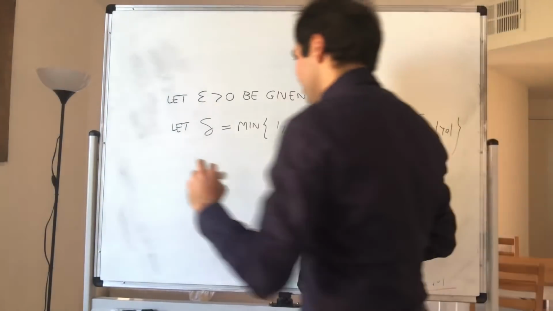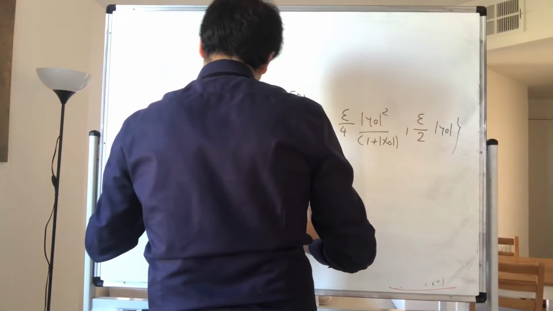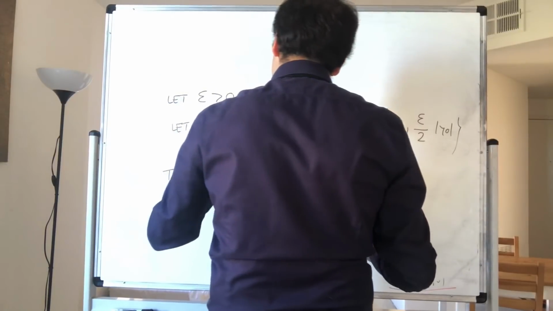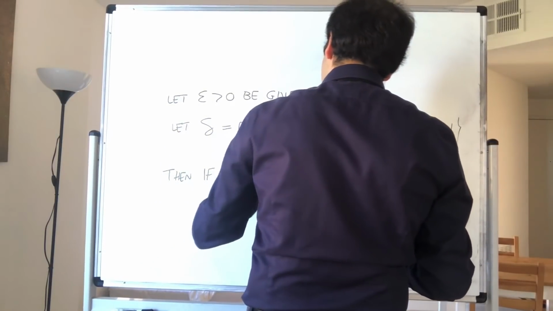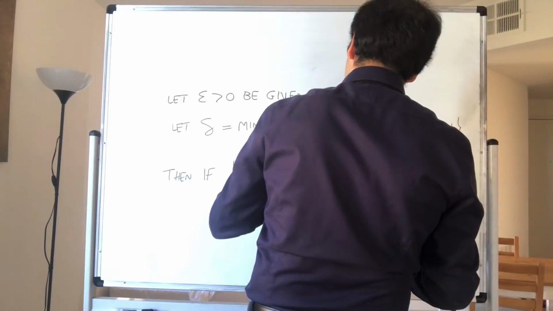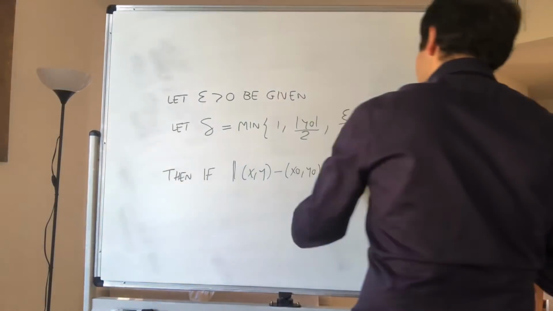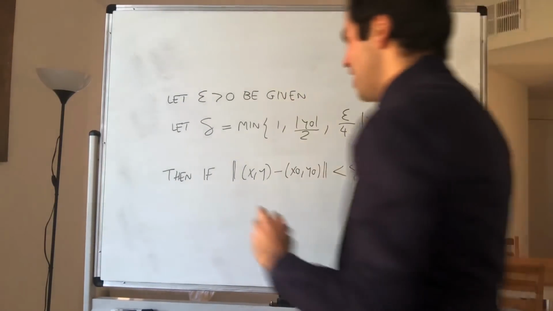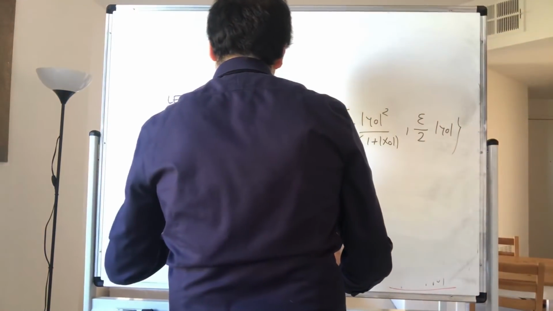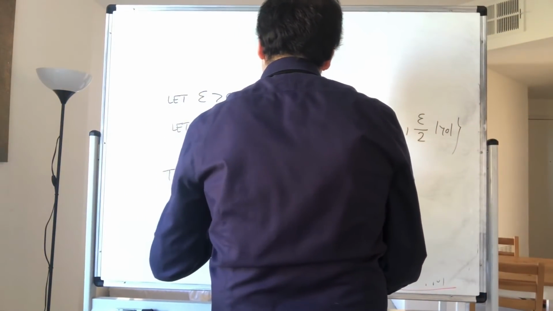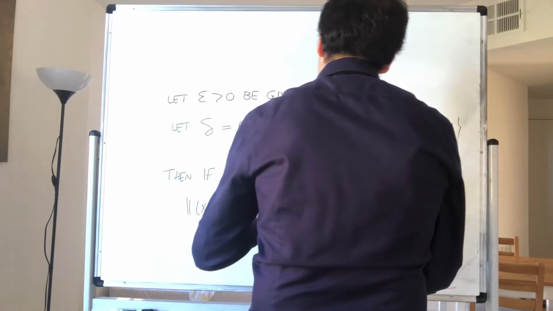And then, if the distance between (x,y) and (x naught, y naught) is less than delta, then in particular |x minus x naught| is less than 1.